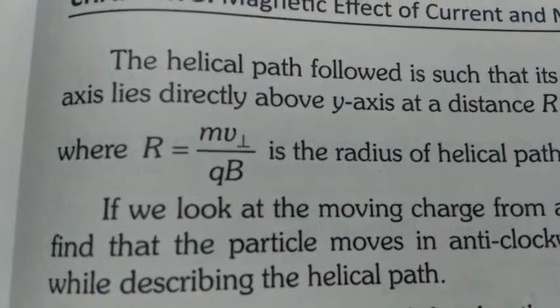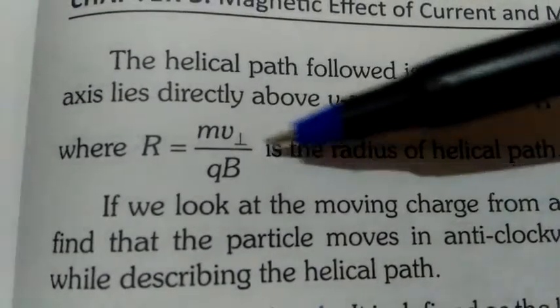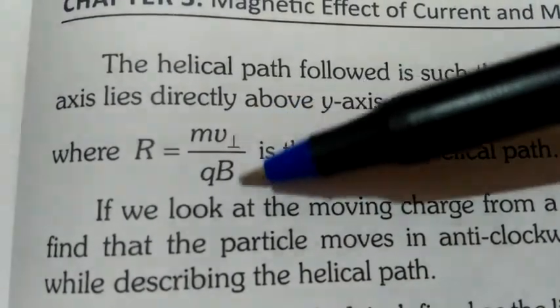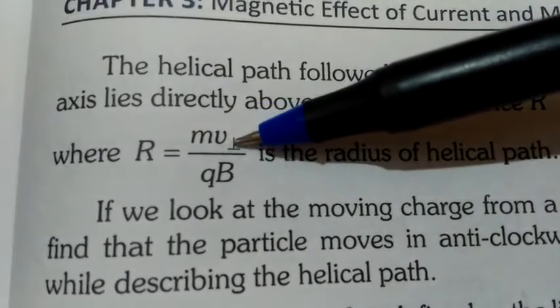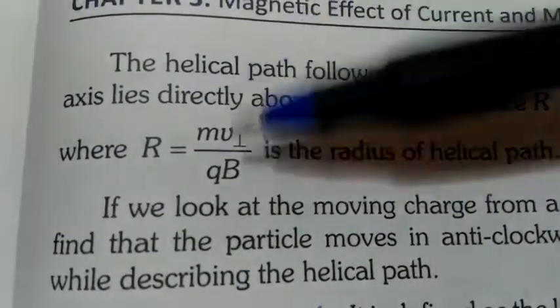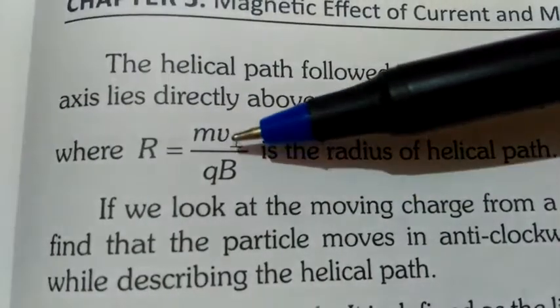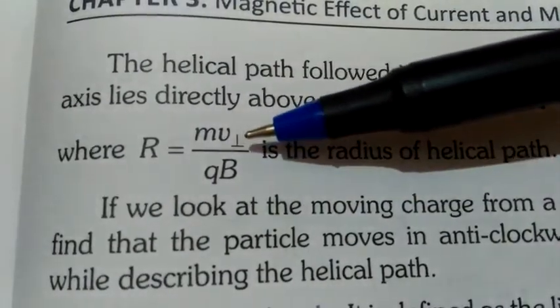The radius of the circle in that helical path is given by this equation, r equals m v perpendicular upon q B. Sorry, I said v parallel at first, but it is v perpendicular, because circular motion is there because of the cos component.